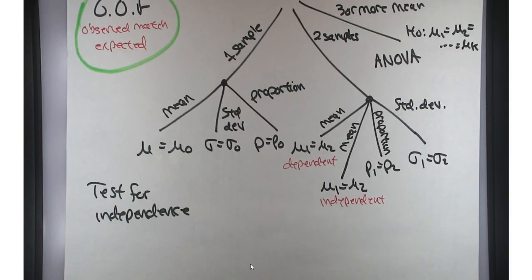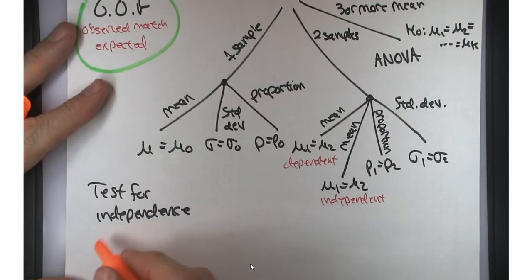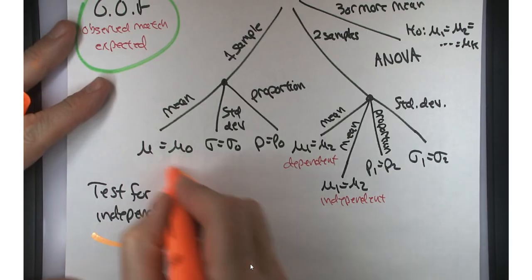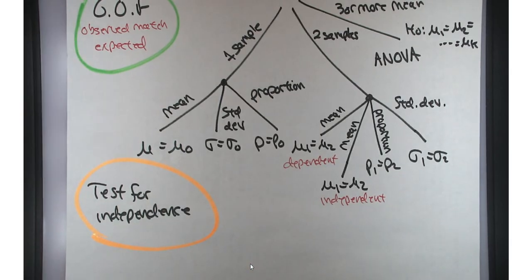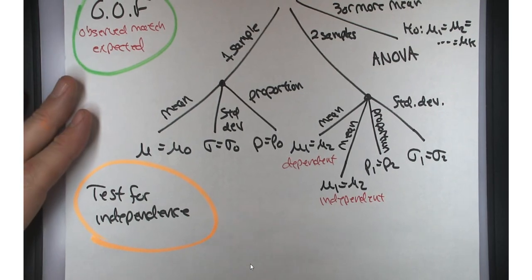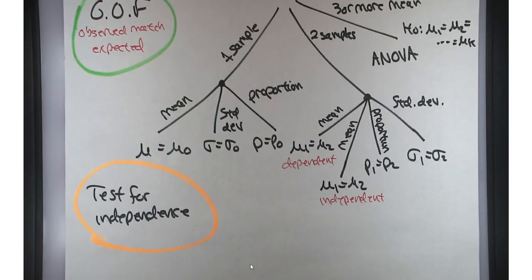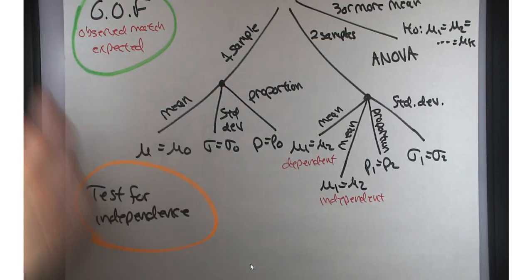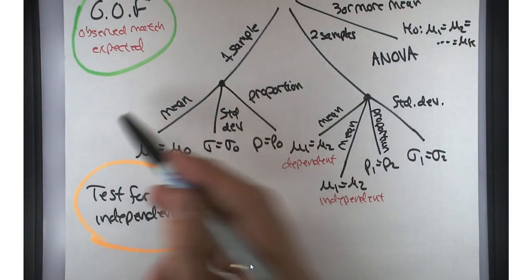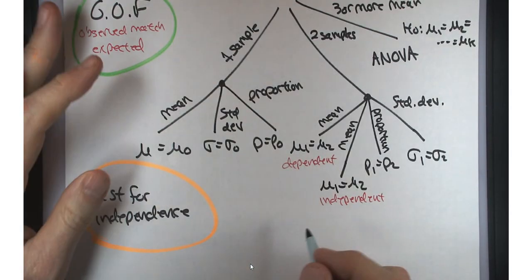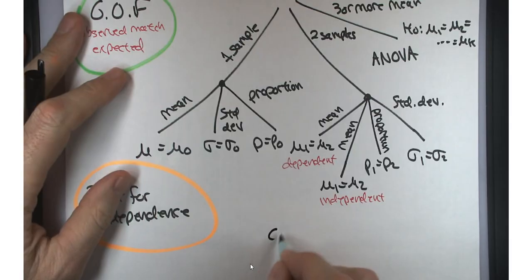Those are your tables. And keep in mind that in your test for independence, if you reject the null hypothesis, all you're showing is that there's an association between those two. One does not cause the other. You can't determine that with this kind of data analysis. And there's also correlation and regression.